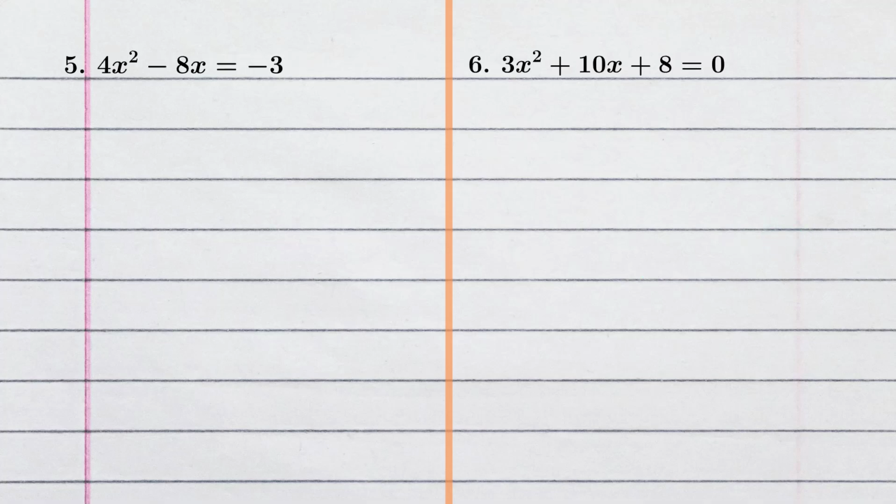Let's look at number 5. So I already have my constant on the left-hand side. So now I divide everything by 4.